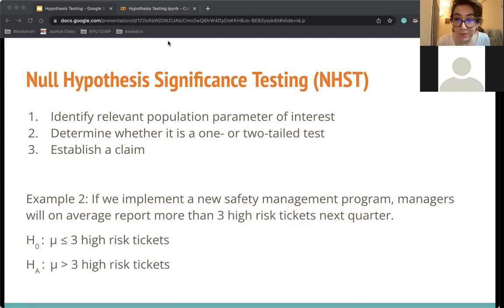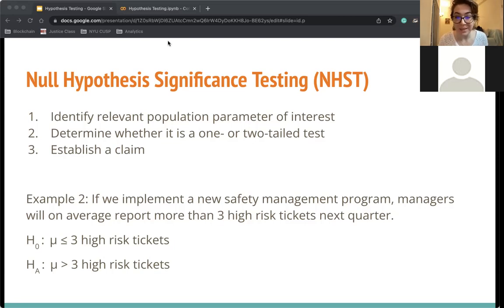So the way we use our new framework of null hypothesis testing, we need to say that if we fail to reject the null hypothesis, we cannot support the claim that we see more than 3 high-risk tickets. So this essentially is saying that without this new initiative we would expect to see less than or equal to 3 high-risk tickets being reported.